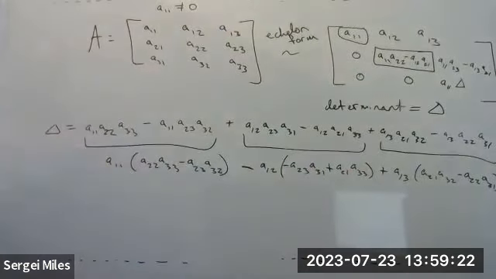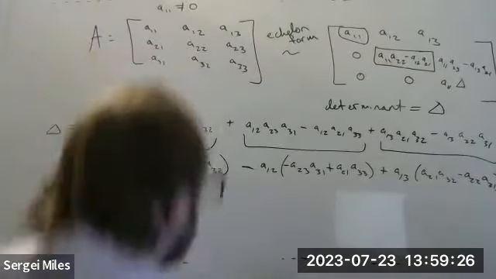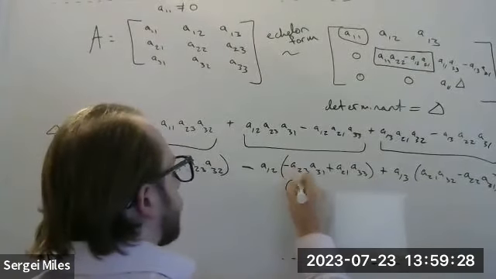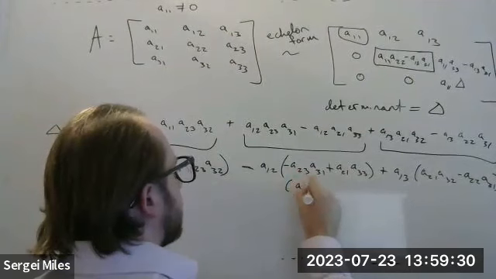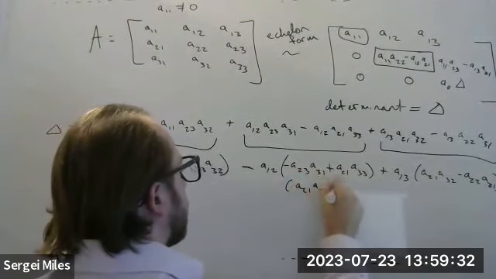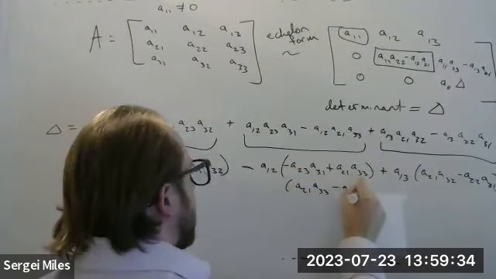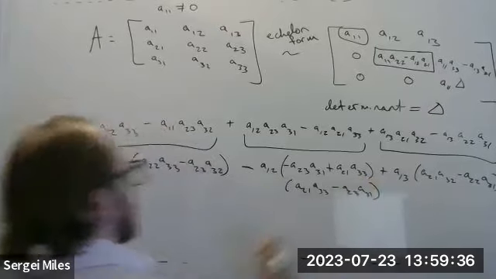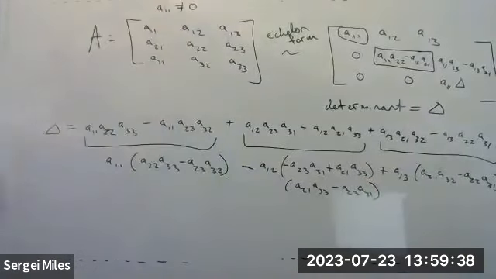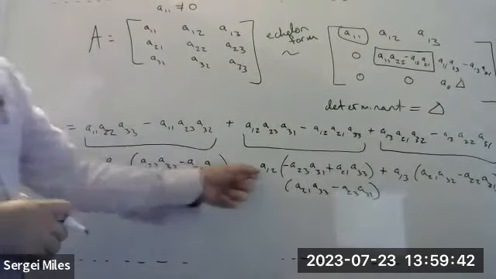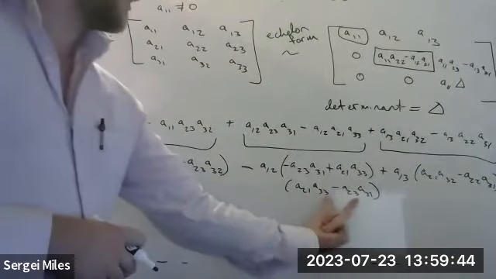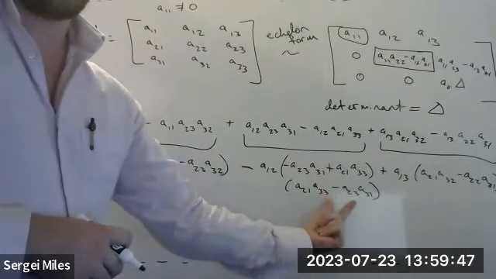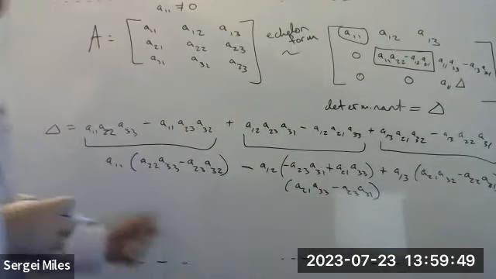I want to factor out a negative here in the middle. So I could rewrite what's in the parentheses here as A21 A33 minus A23 A31, right? Okay, now, back to trying to recognize the patterns here. Because I factored out a negative in the middle in order to get this to clean up nicely, this is going to be more apparent in just a moment.